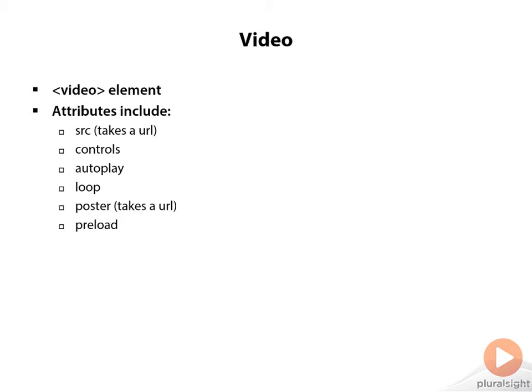Preload can allow for pre-caching of aspects of the video, and the values attendant to preload are none, or just the metadata, or auto, which is the default, which will get the video immediately before it begins playing. Let's take a look at a demo of adding video to an HTML5 application.